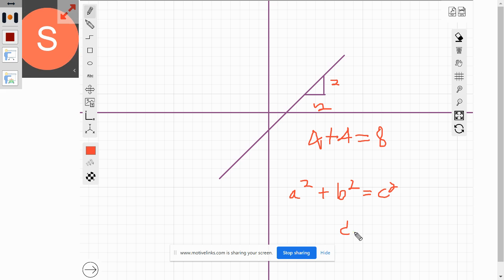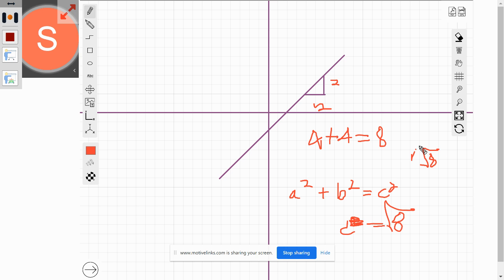So if C squared equals 8, we simply find the square root of 8 to remove the square.